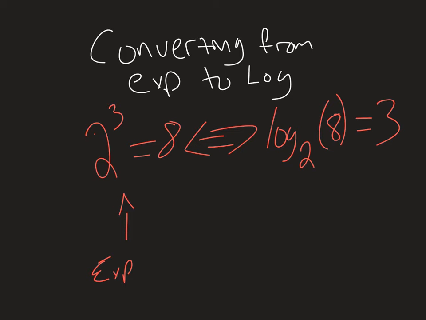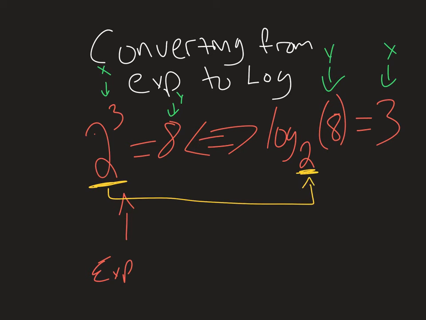Keep in mind, 3 is my input originally, and 8 is my output, or my x and my y. And if we're doing an inverse, they flip. So, a way to keep this straight: the bases are the same. We would read this as log base 2 of 8 equals 3. And we can make the conversion.